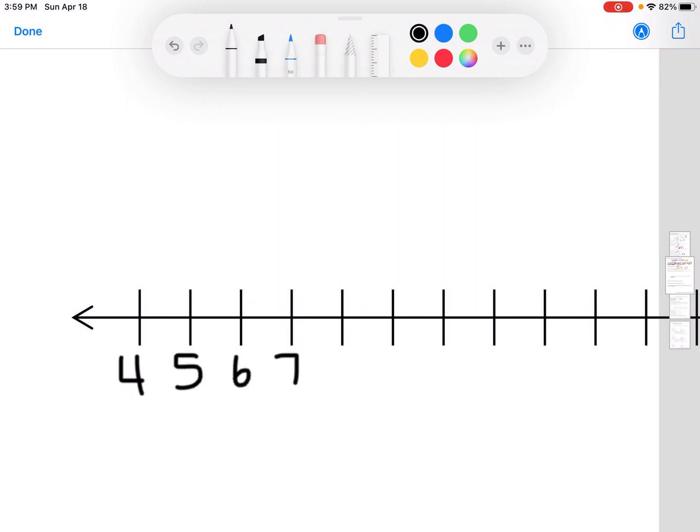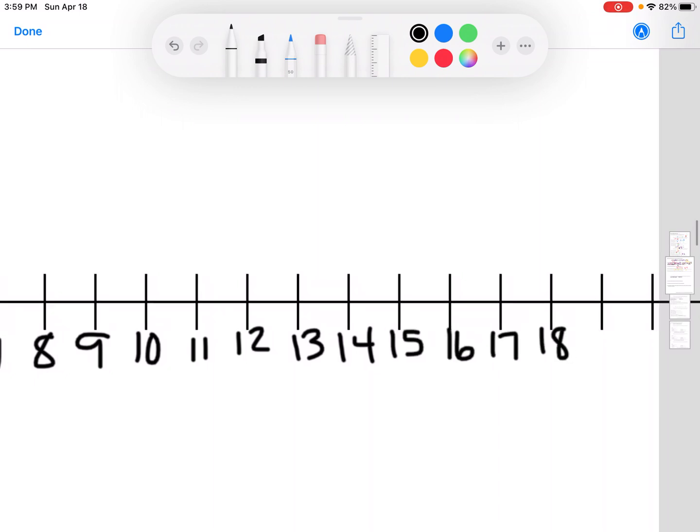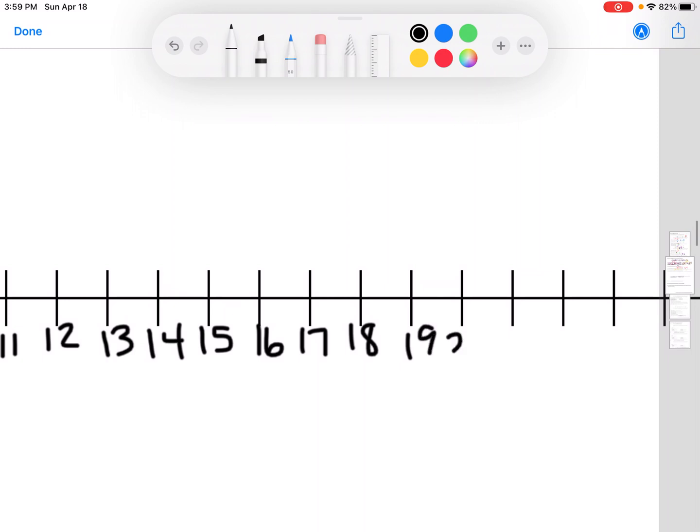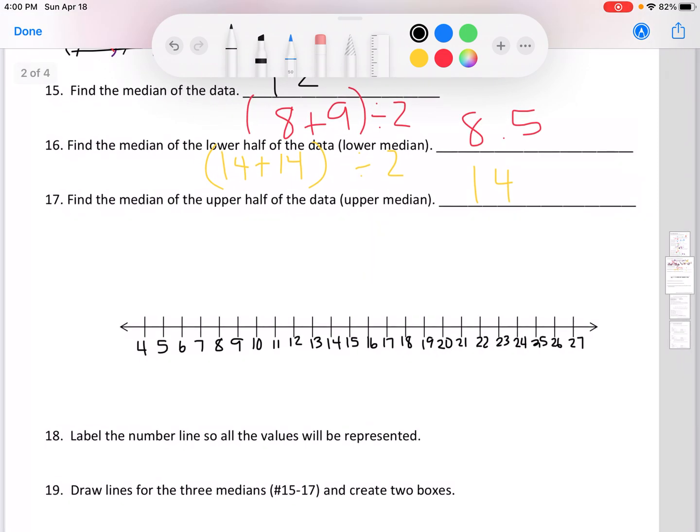And I number it in order and I don't miss any numbers. Okay, so I number my number line.